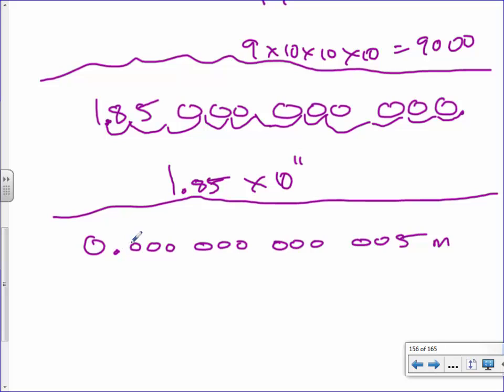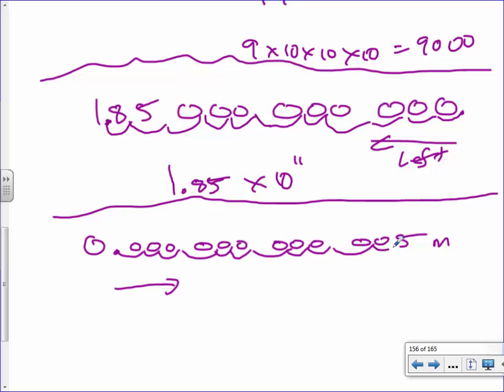But rather than moving the decimal place that way to the left, this time we're going to move the decimal place this way to the right. Watch with me. I'm going to move it over 1, 2, 3, 4, 5, 6, 7, 8, 9, 10, 11. And I'm actually going to go one further. I'm going to make it go 12 times. Because that means the decimal place is now just on the other side of my first digit, which is 5.